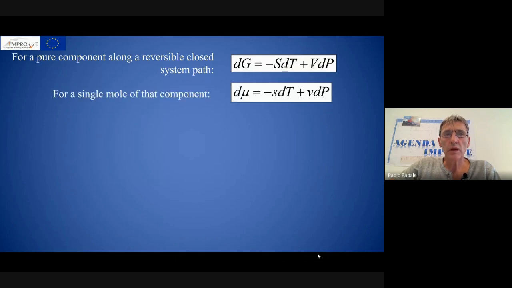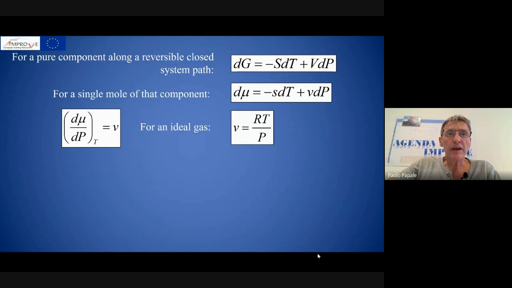Therefore, we can rewrite the equation for 1 mole of component by substituting the molar Gibbs energy with the chemical potential of the pure component and the total volume and entropy, indicated with capital letters, with the corresponding molar quantities, indicated with lowercase letters. From this expression, we see that the pressure partial derivative of the chemical potential is equal to molar volume.